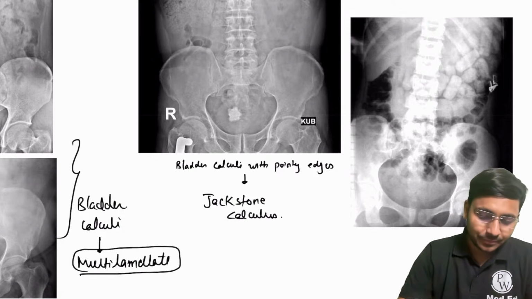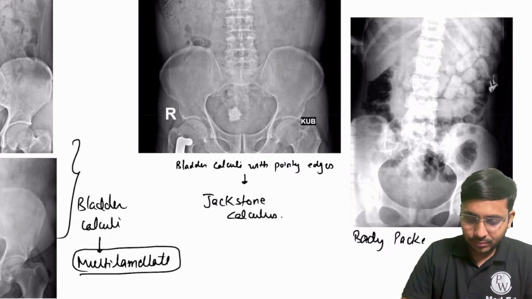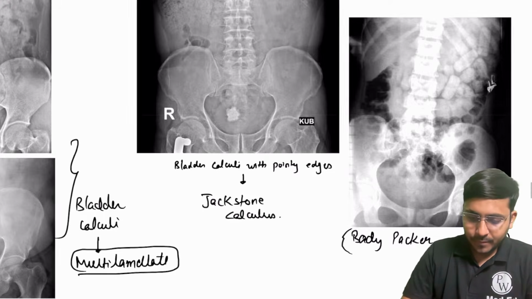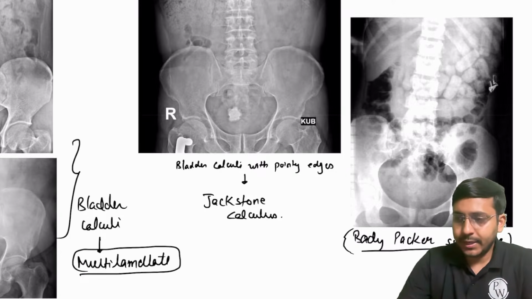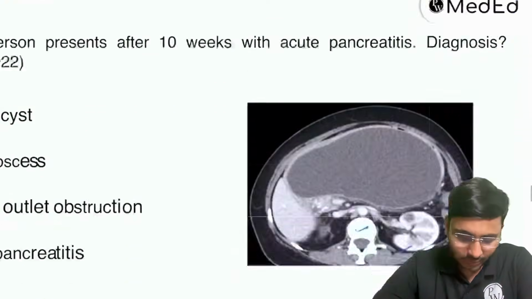So these people are known as cocaine mules, and this syndrome is known as body packer syndrome. Body packer syndrome. Okay? You will see these pellets inside the intestines.